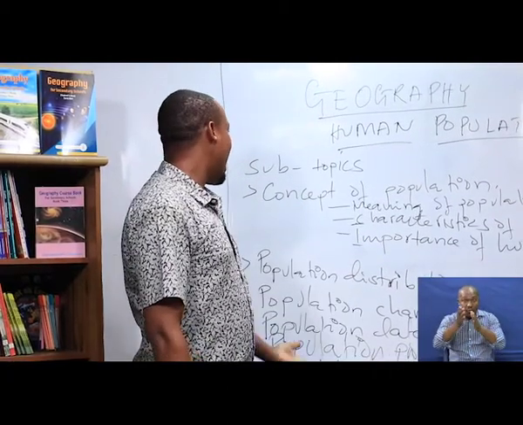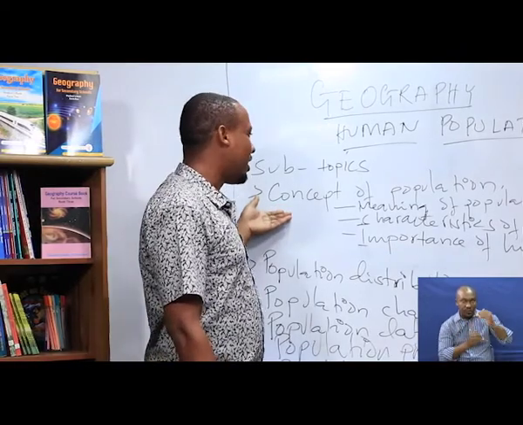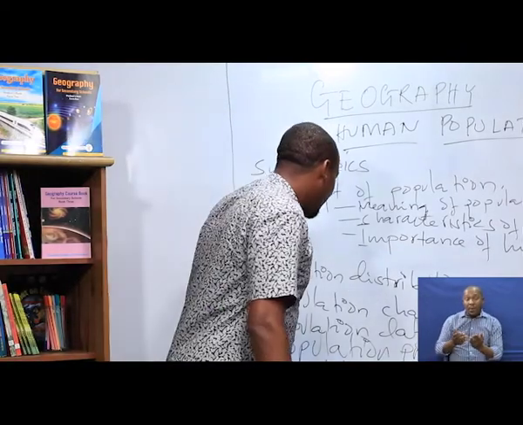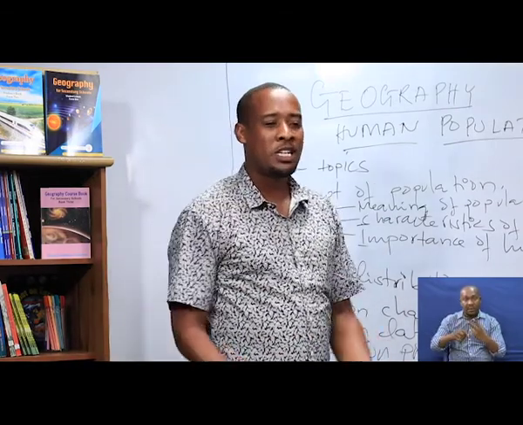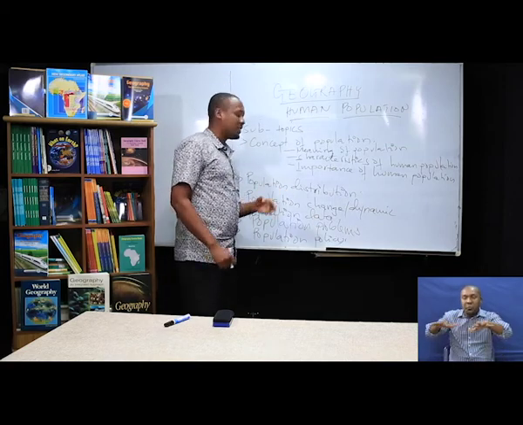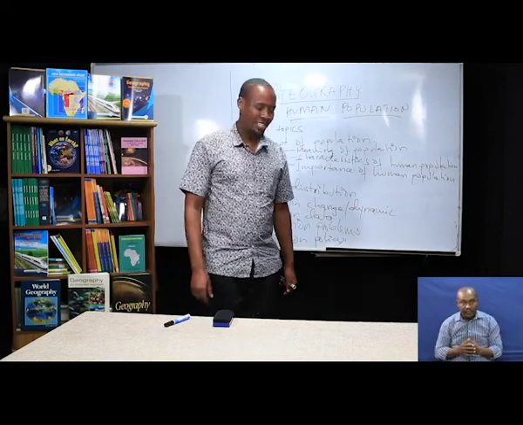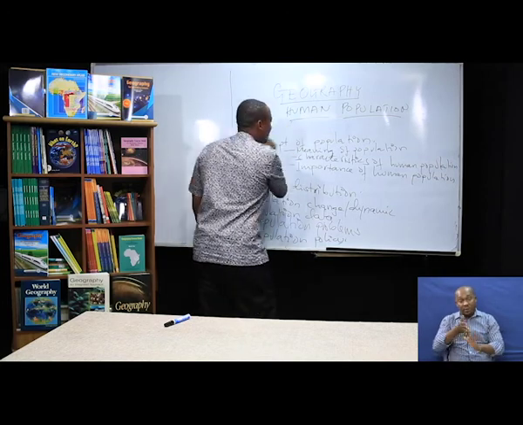For today, we are going to discuss the first subtopic, that is the concept of the populations, and the second one, that is how people spread in an area, or the concept of population distribution. So let us start with our first subtopic.